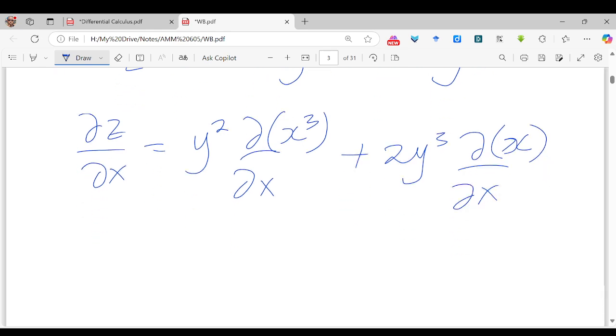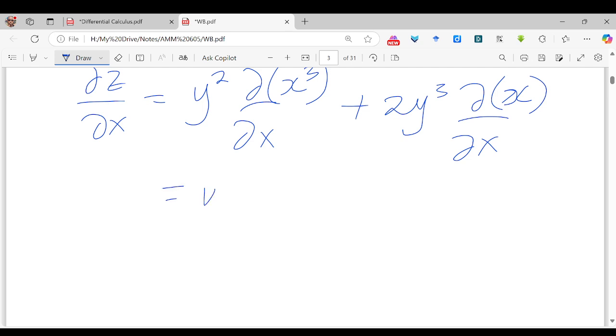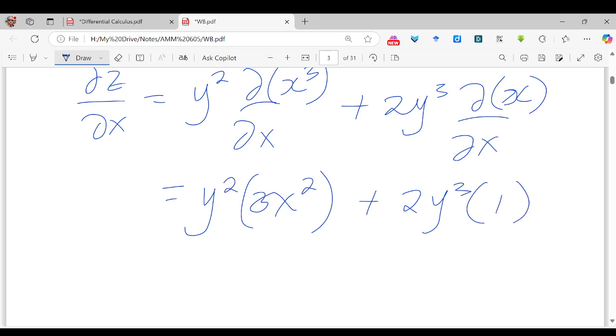So the first term gives us y squared times 3x squared. The second term gives us 2y cubed times 1, which is 3x squared y squared plus 2y cubed.